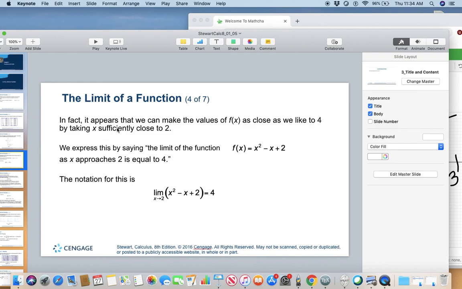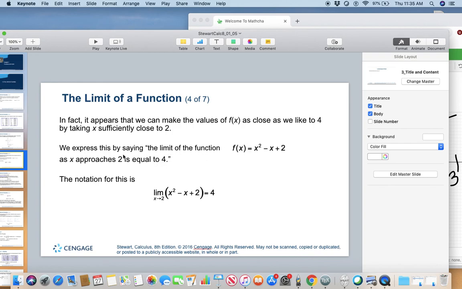Okay, it appears that we can make values of f(x) as close as we like to 4 by taking x sufficiently close to 2. We express this by saying the limit of the function f(x) as x approaches 2 is equal to 4. So notice this is an entire sentence. The limit of the function f(x) as x approaches 2 is equal to 4.